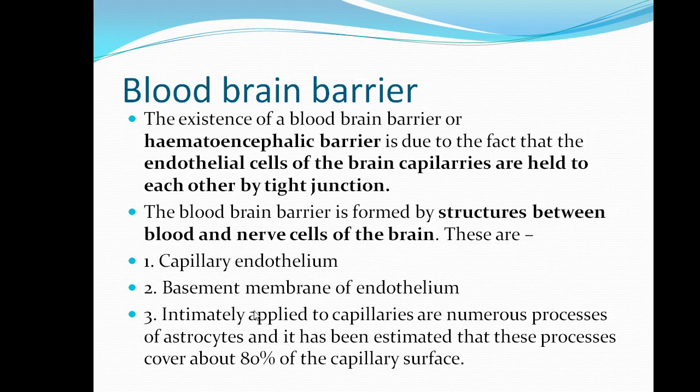These structures consist of, number one, the capillary endothelium, number two, the basement membrane of the endothelium, and number three, intimately applied to the capillaries are numerous processes of the astrocytes, and it has been estimated that these processes cover about 80% of the capillary surface.